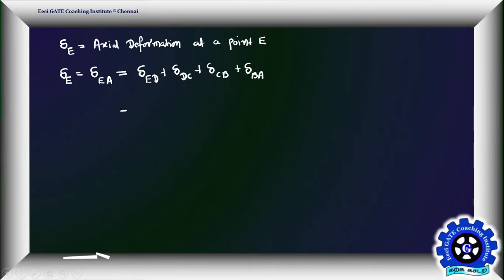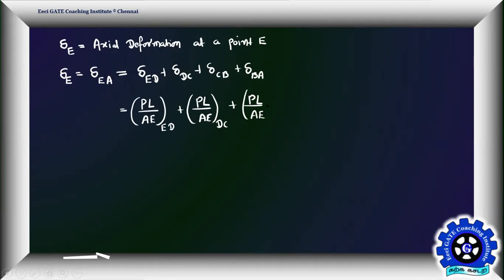Here tell me, what is the load? PL by AE in the portion ED, PL by AE in the portion DC, PL by AE in the portion CB, PL by AE in the portion BA.